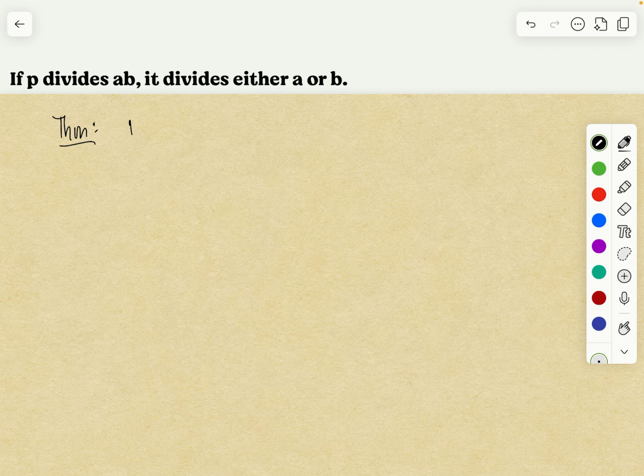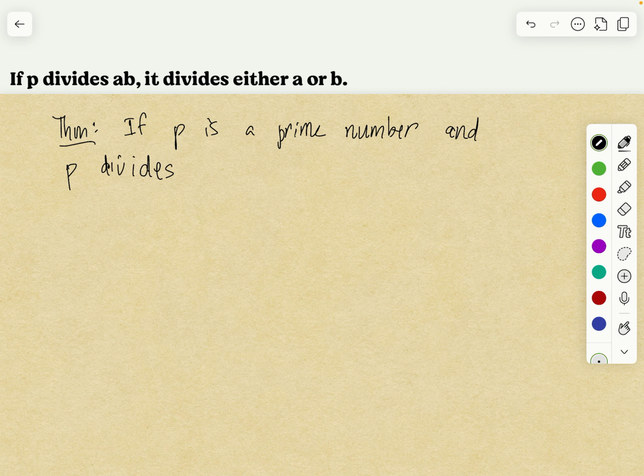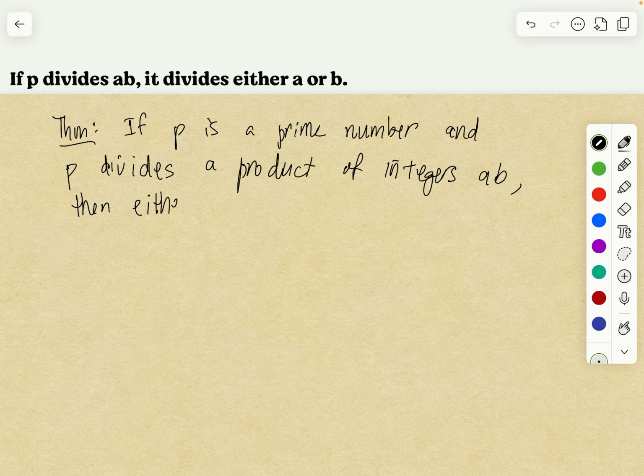It's that if p is a prime number, and p divides a product of integers a times b, then either p divides a or p divides b.